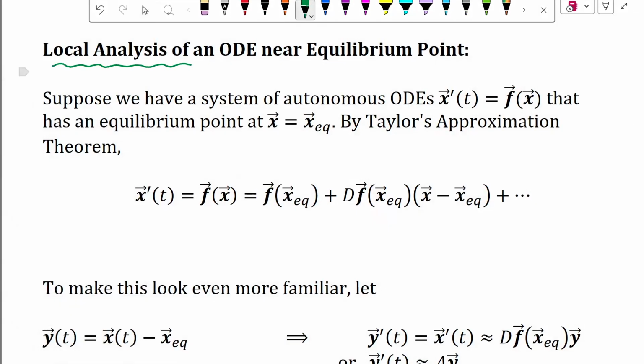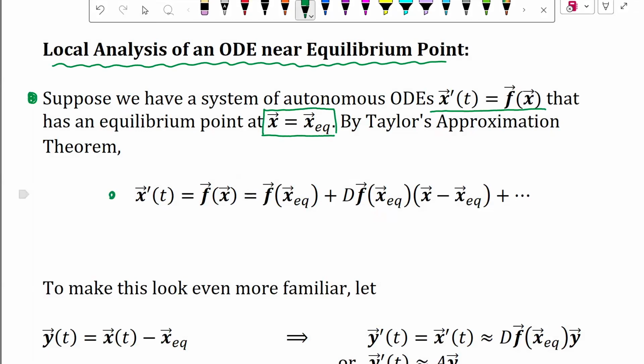Here now is the process of carrying out a local analysis of an ODE system near an equilibrium point. Let's suppose we have an ODE system, x prime is some vector of values, f of x, and that there is an equilibrium point at the point labeled x sub eq.